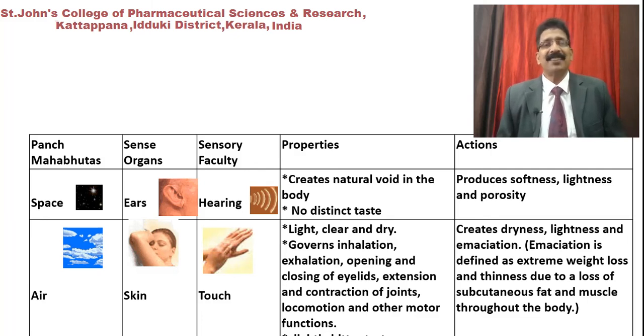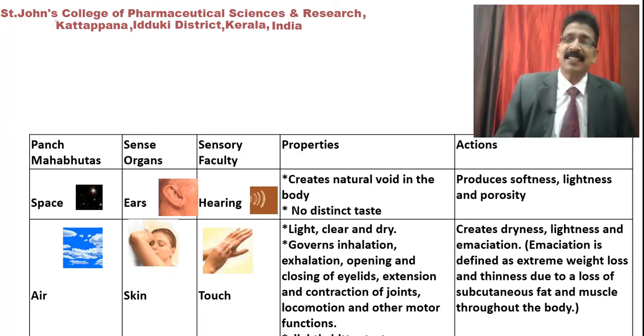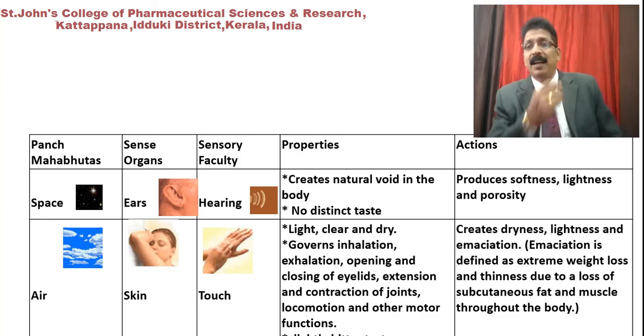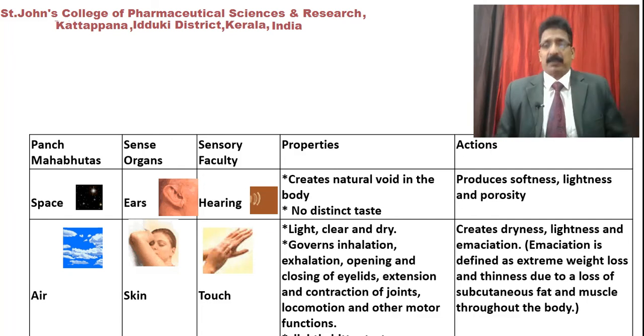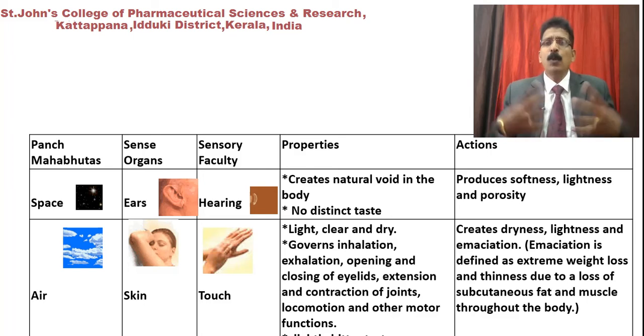Action creates dryness, lightness and emaciation. Emaciation is defined as extreme weight loss and thinness due to loss of subcutaneous fat and muscles throughout the body. So you see how we can diagnose, how we can observe the patient when he comes to the clinic.